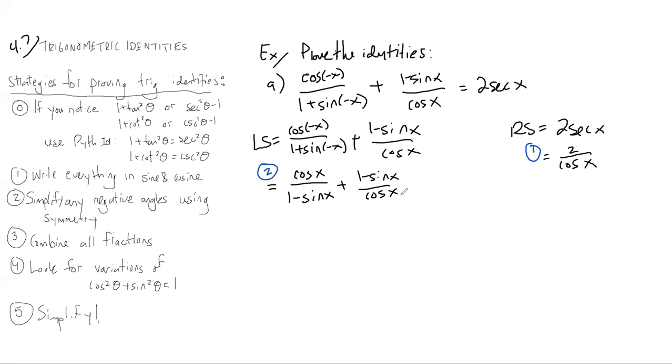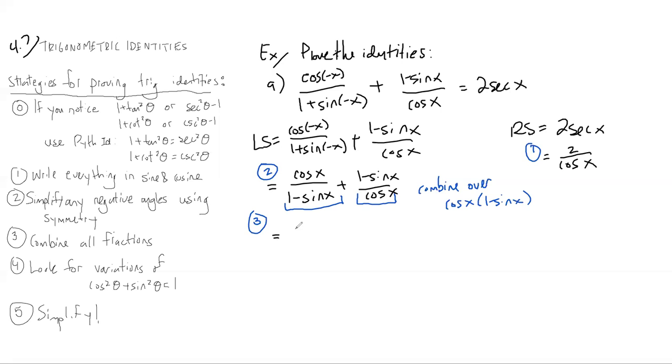And step 3 says combine all fractions. That's definitely what I have here, 2 separated fractions. So I'm going to combine these over the common denominator of just the product of the bottom, so cos x times 1 minus sine x. There's no simpler thing that both of those terms go into. So that'll be step 3.